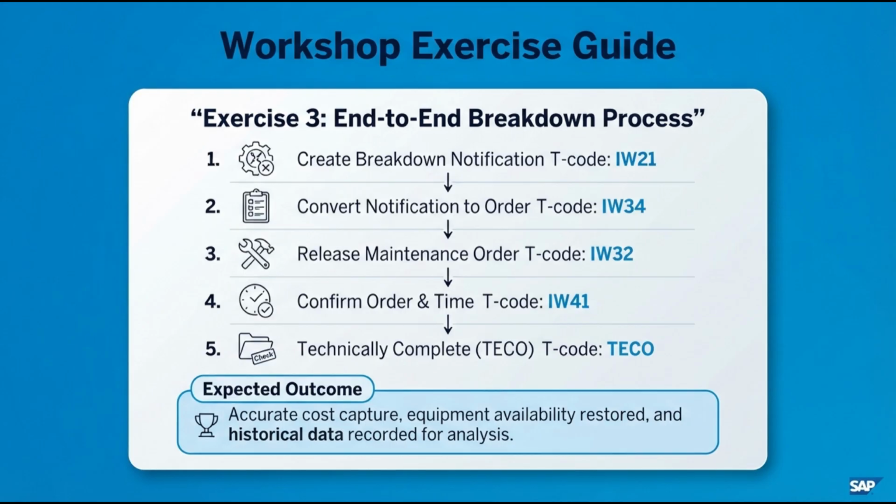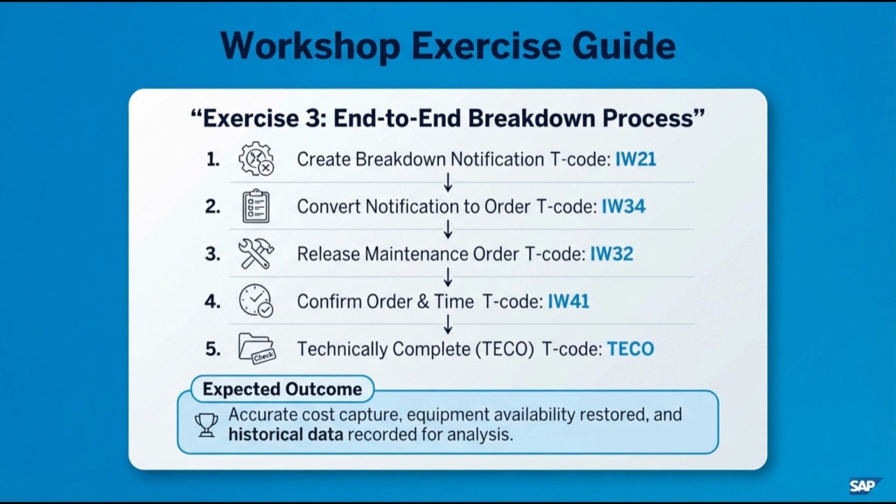Let's take one example in more detail. In the breakdown process exercise, you start by creating a notification using IW21. Then you create a maintenance order from the notification, plan the operations and components, and release the order. After that, you enter a confirmation using IW41 and finally set the technical completion status.